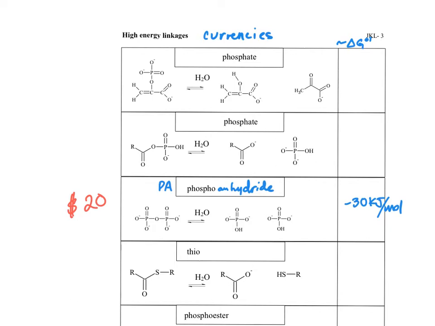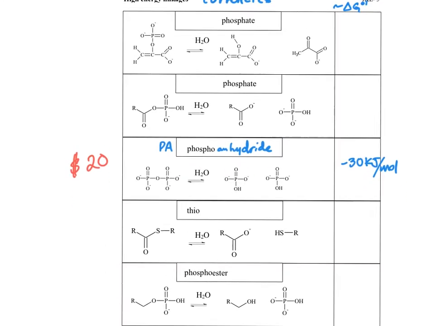The $20 bill is a nice intermediate value. It's got enough value to purchase a lot, but it's not unwieldy. Same with the anhydride. It turns out it's not the highest or the lowest energy that we have, and that makes it extremely useful.